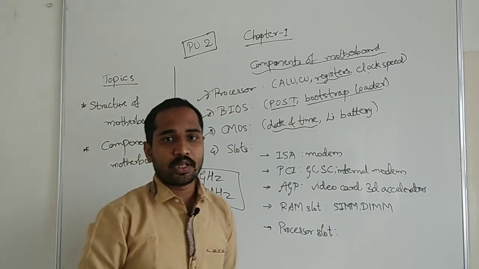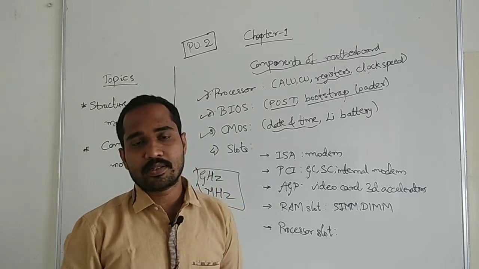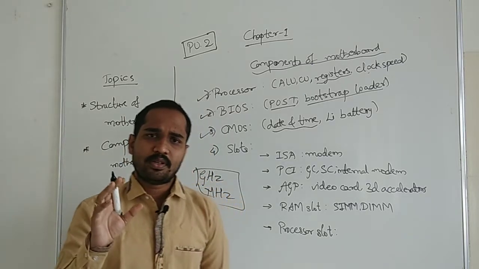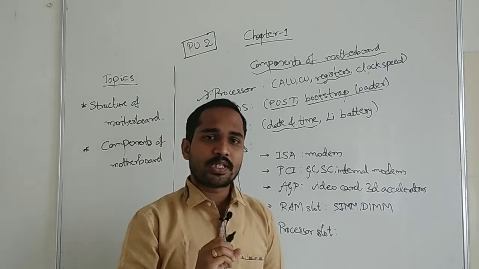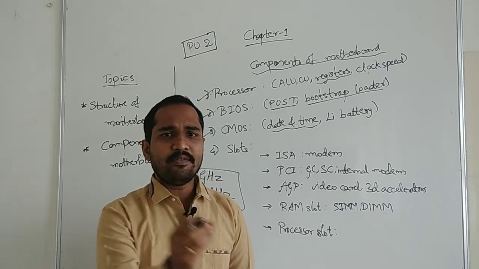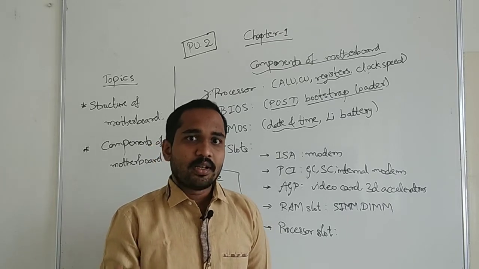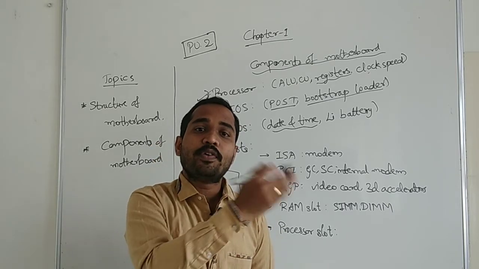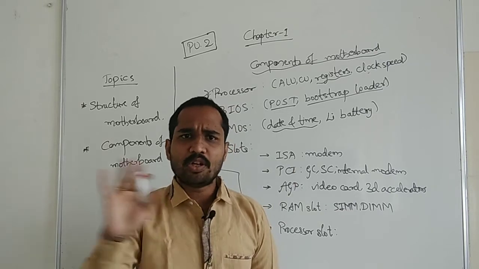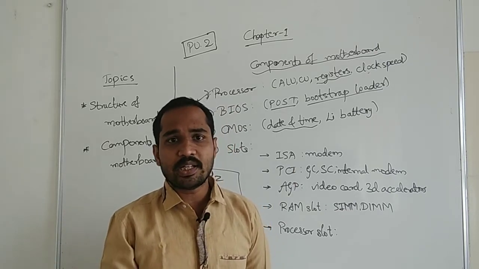Now see here, whenever the computer is switched off, the time will be something, but when it is switched on again, will the time continue from where it had stopped? No, it will be the normal timing.